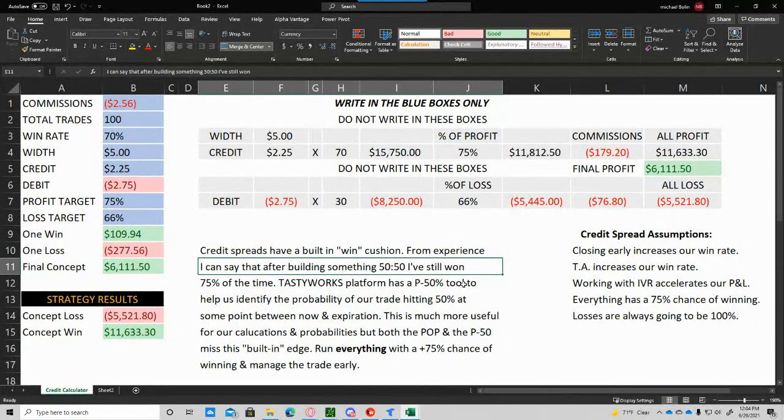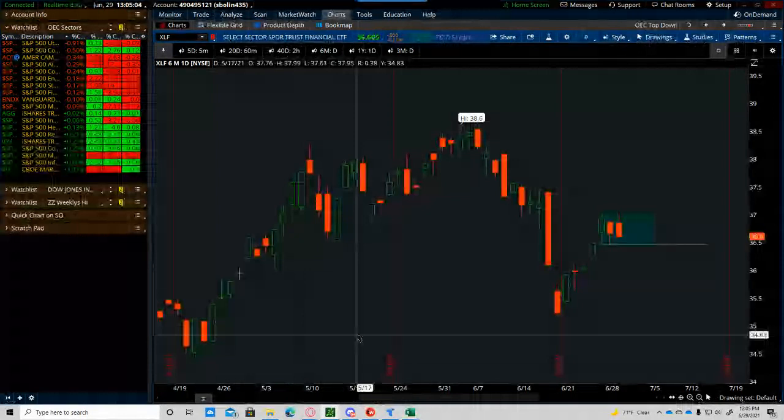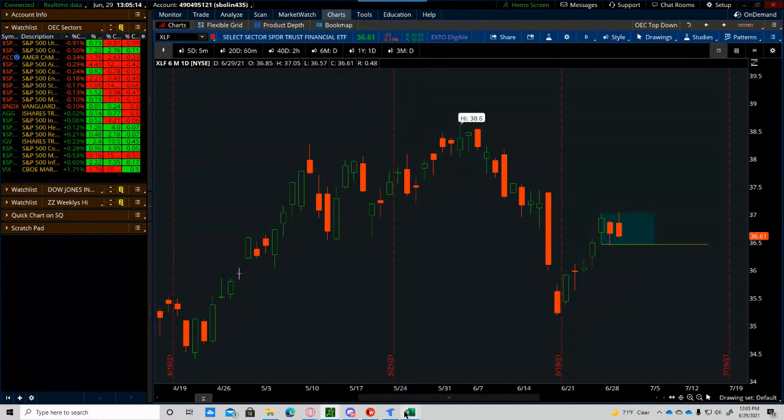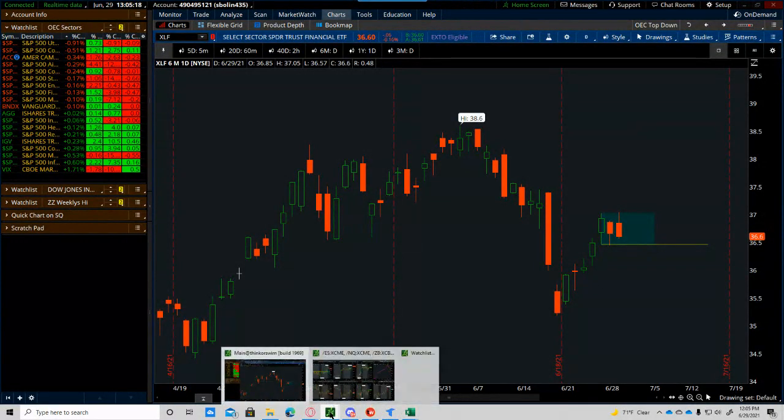And that's because credit spreads have a built-in edge. It's just the way it is. It's there. And when you add the other edge to it, avoiding earnings, avoiding parabolic moves, avoiding dividends, you increase your win rate just from that. And those things aren't showing up inside of the calculations for pop.